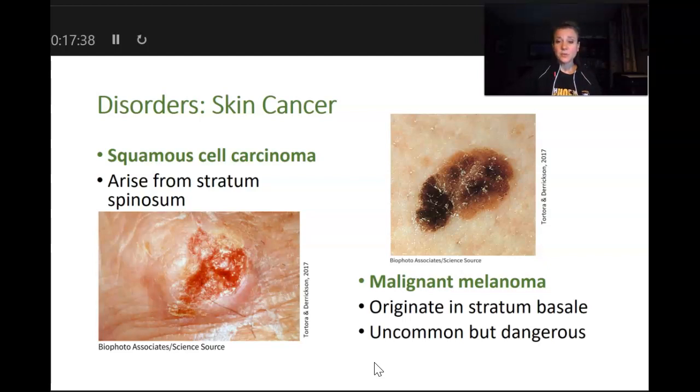This is also going to originate in the stratum basale, but not by epithelial cells. It's originating in melanocytes. So when melanocytes are exposed, again, to too much ultraviolet radiation, their DNA can be damaged. And this is going to cause them to divide uncontrollably.